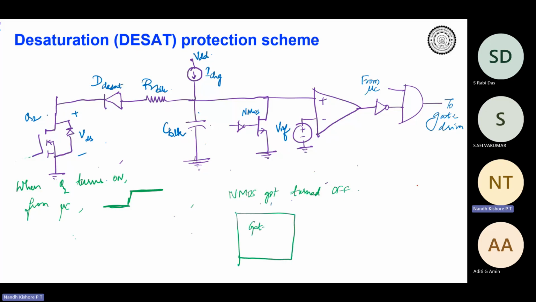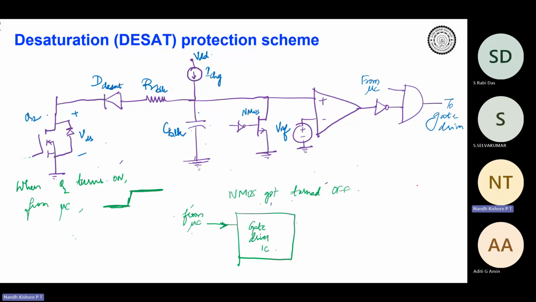So this is your gate driver IC, and within this gate driver IC only this entire circuit is there. But over here is where, let me draw, you are giving your gate pulses from the microcontroller.